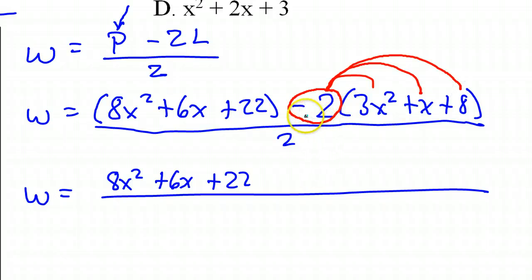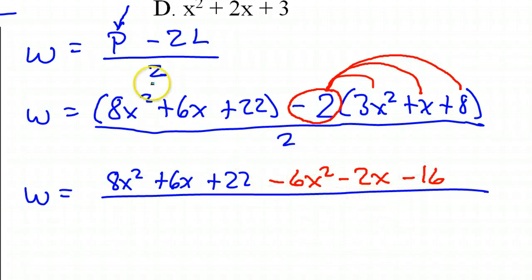Negative 2 times 3x squared is negative 6x squared. Negative 2 times x is negative 2x. And negative 2 times 8 is negative 16. So we've got that. And then we still have all this divided by 2.